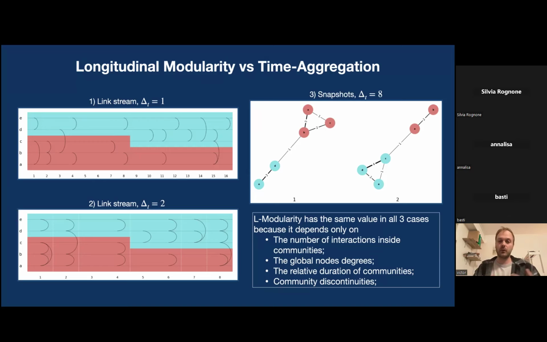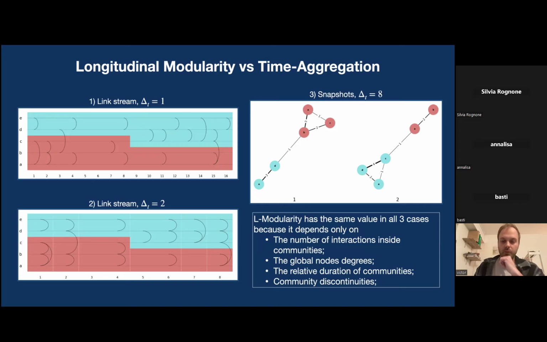But the drawback is that first you have to choose the size of the window, which can be an arbitrary choice. You will lose temporal dynamics within the time window, and you may introduce some artifacts at the borders between snapshots, because you may introduce hard changes.